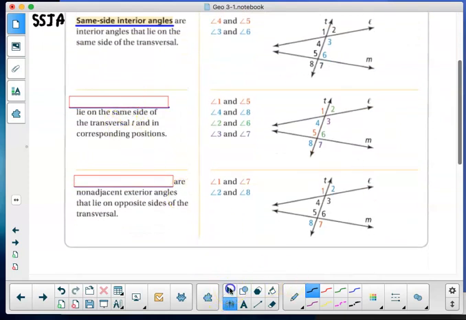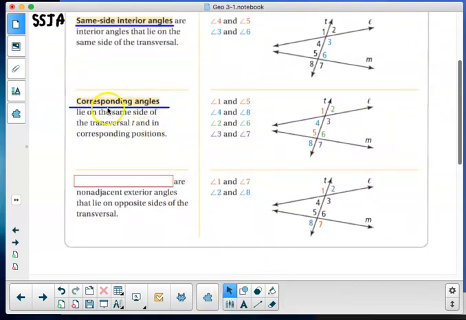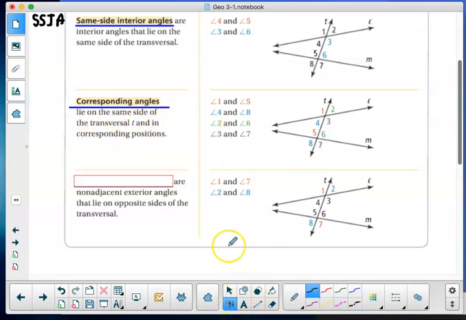Next, we have corresponding angles. Corresponding angles, CA, lie on the same side of the transversal T and in corresponding positions.